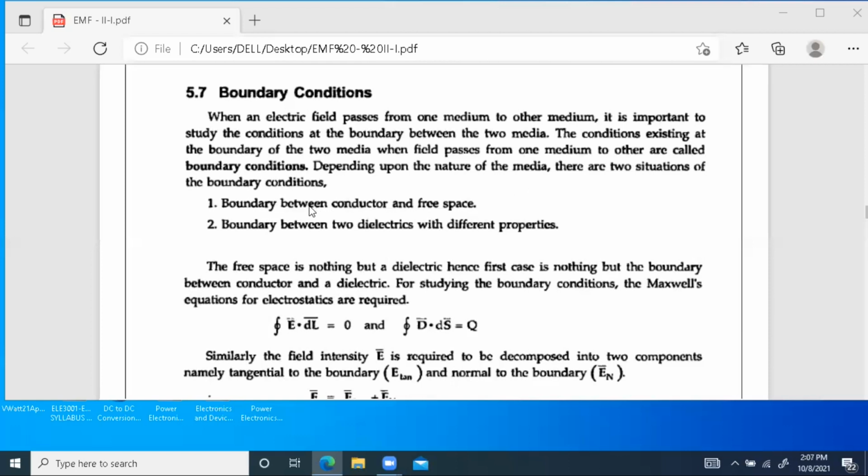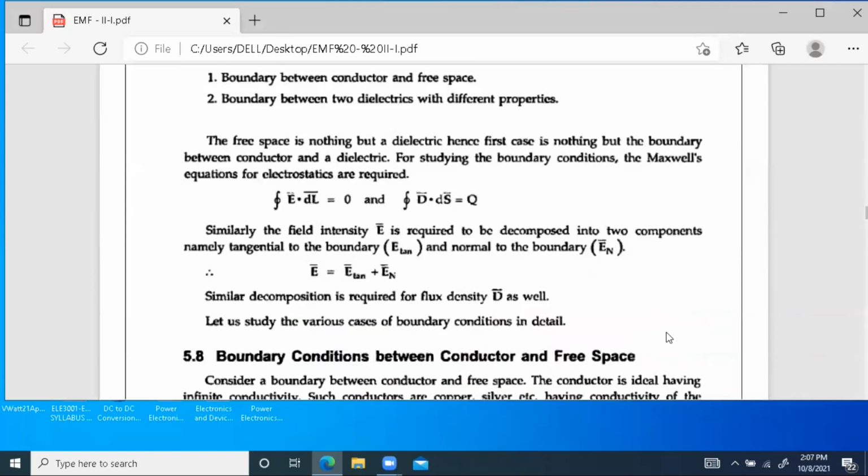One, boundary between conductor and free space, and two, boundary between two dielectrics with different properties. So first, the free space is nothing but a dielectric.